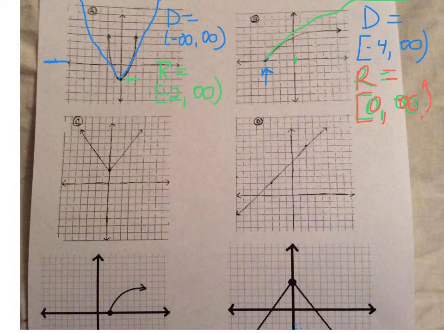So the domain is going to be, again, negative infinity to infinity. But I only start getting the function along the y-axis at y equal to 2. So the range is going to be 2, and 2 is included, all the way up to positive infinity.